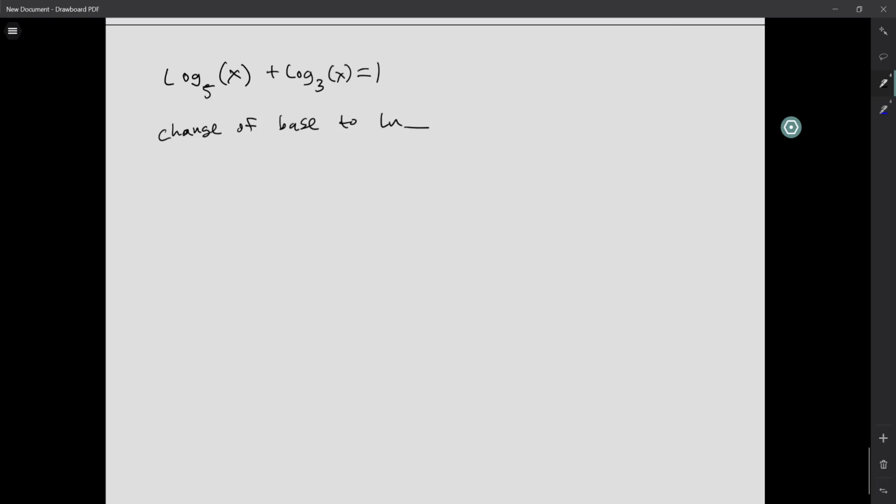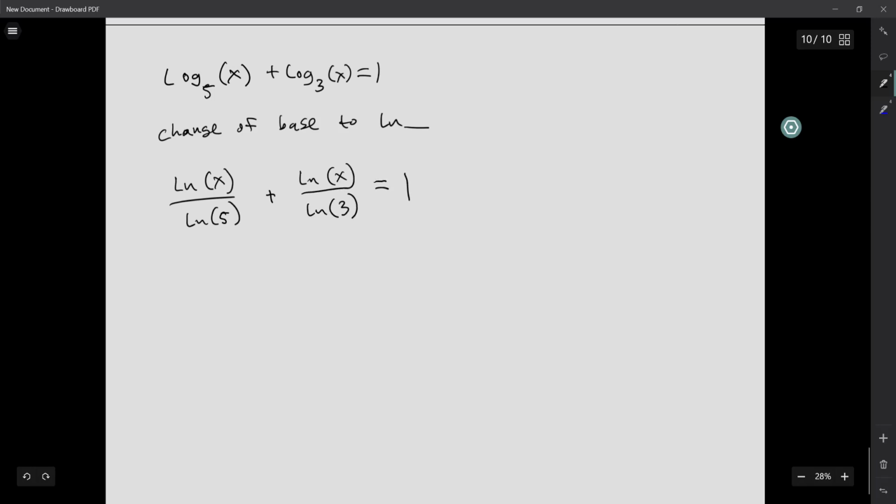If you remember the change of base formula from a previous video, I'm going to be looking at natural log of x divided by natural log of 5 plus natural log of x divided by natural log of 3 equal to 1.